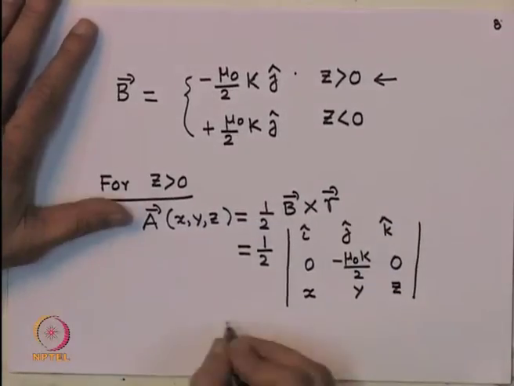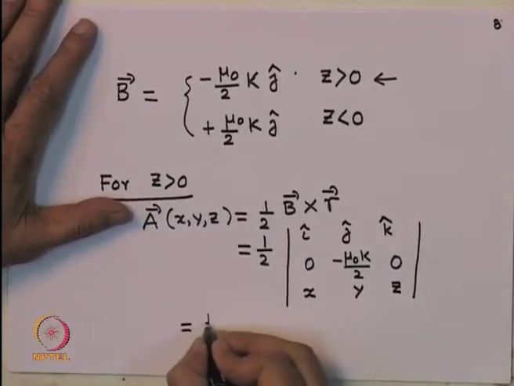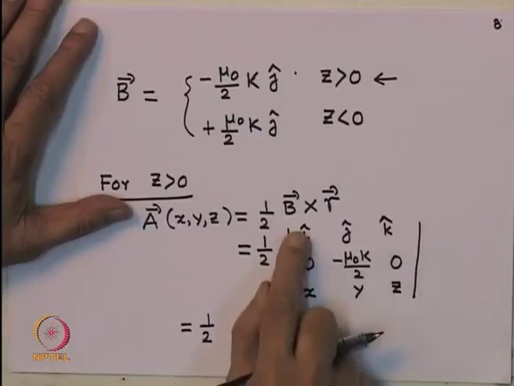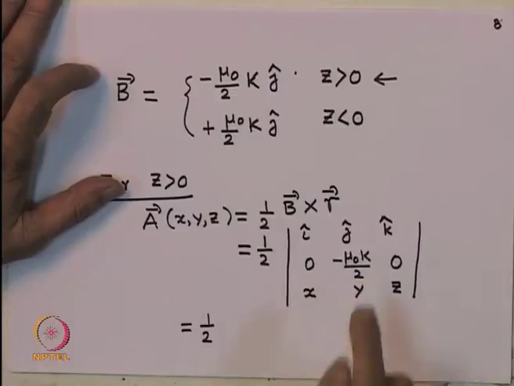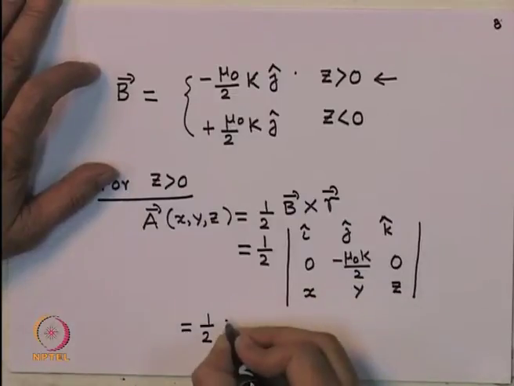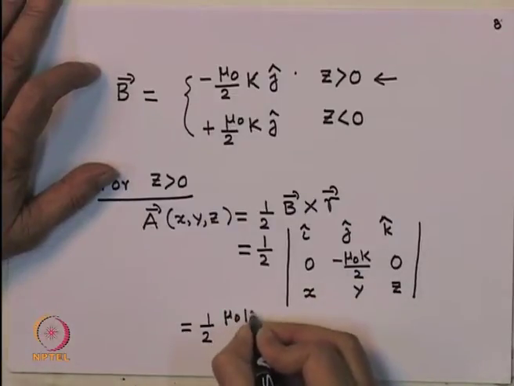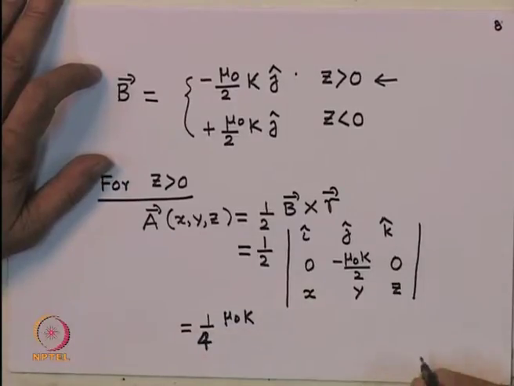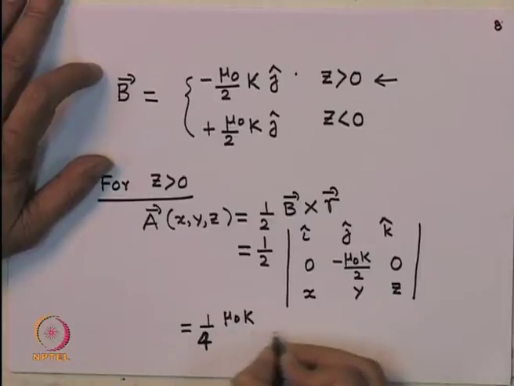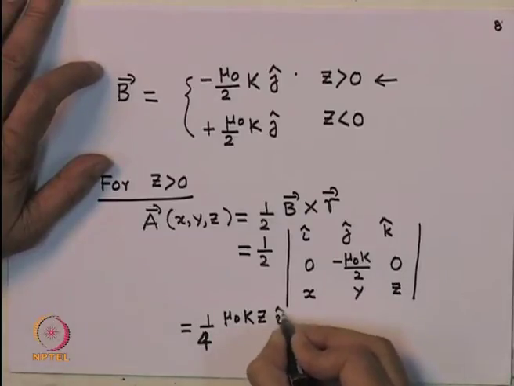This is rather easy to calculate. This is equal to half i times, you can see, minus z mu 0 K by 2. So, it is mu 0 K by 2, which makes this 2 into 1 by 4, mu 0 K times z times i.